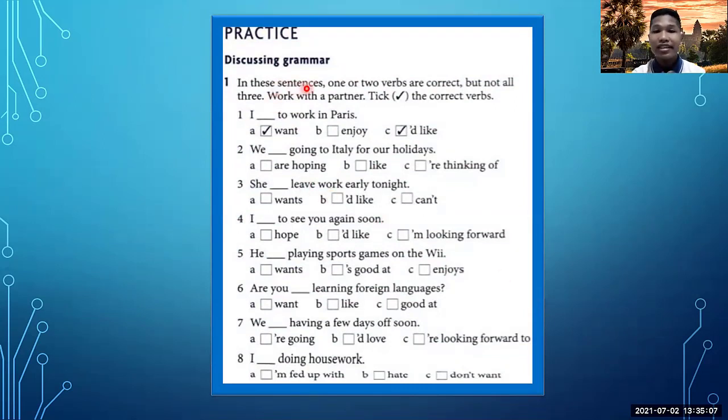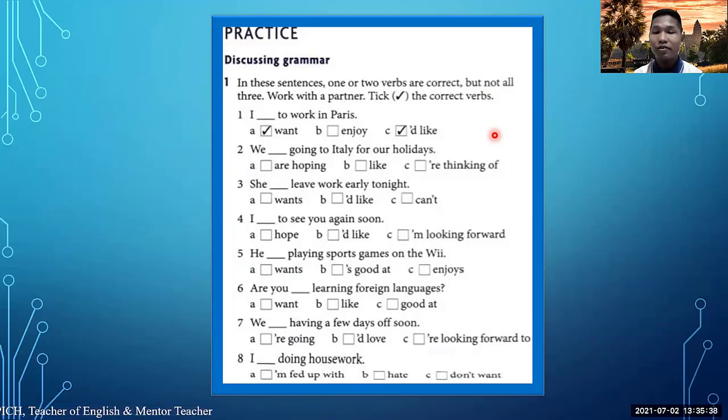In these sentences, one or two words are correct, but not all three. So remember, there are three choices, and one or two words are correct, but not all three. I'm doing this solo with you, so I hope you're going to practice with me.